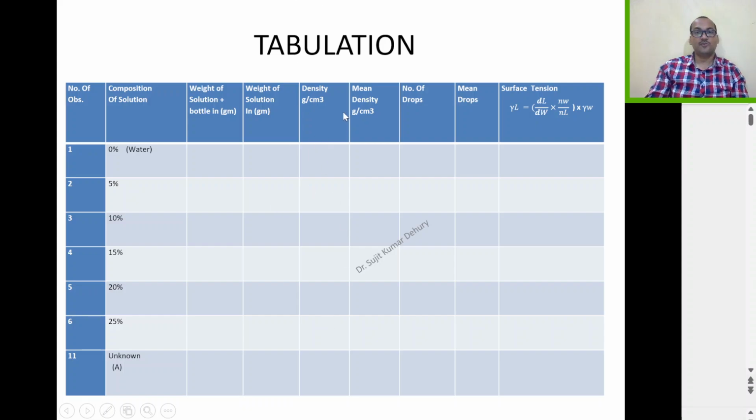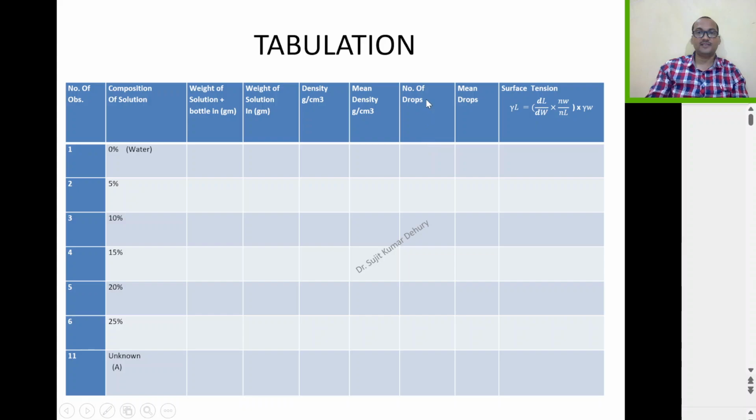So here is the table you need to make, and here are the compositions of solution: 0%, that is only water, then 5% glycerin, 10% glycerin, 15%, 20%, 25%, and this is the unknown solution whose concentration or composition is not known. In each case you have to find out the density of the solution, and the density formula is mass by volume.